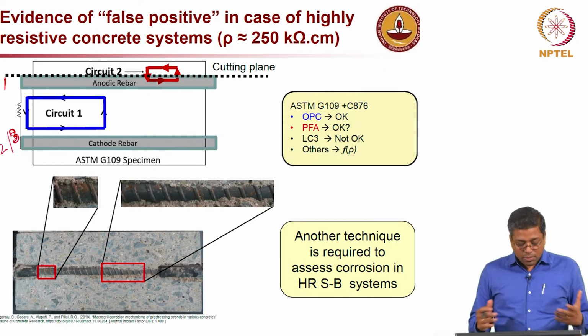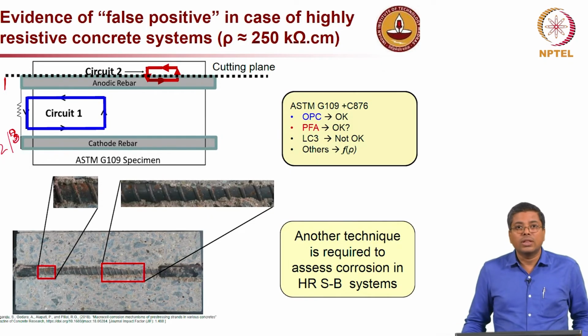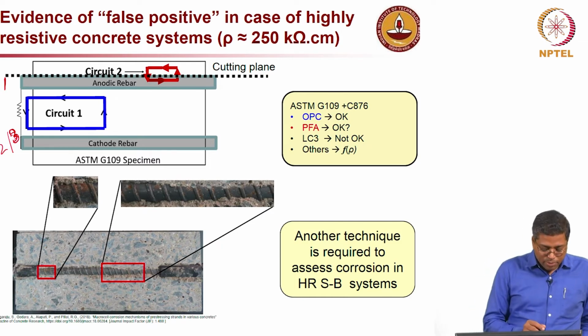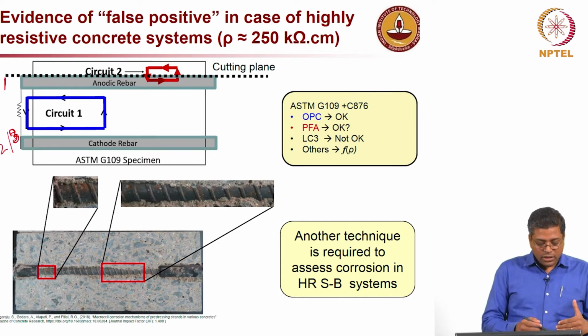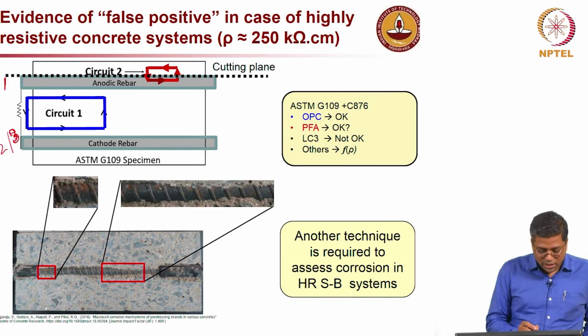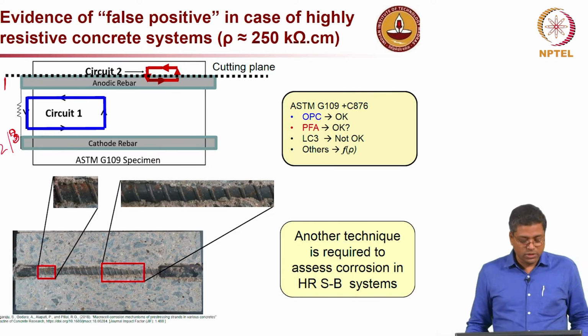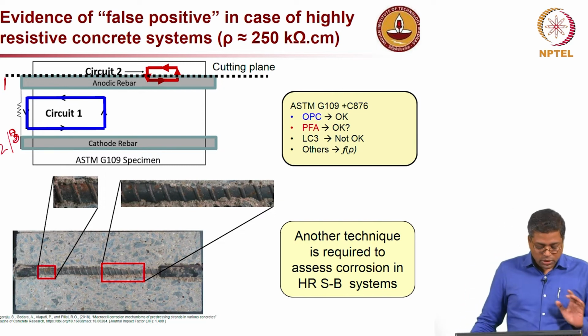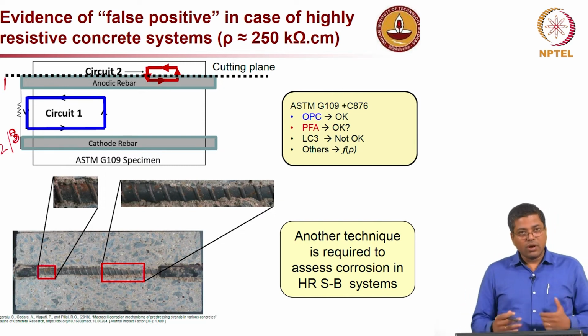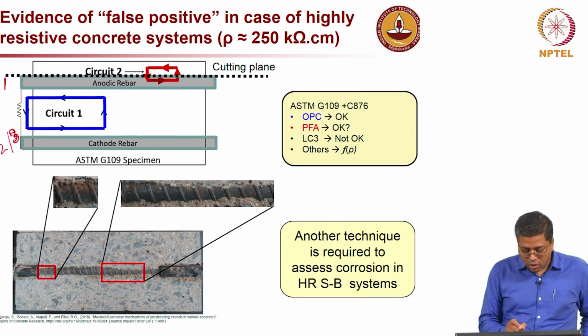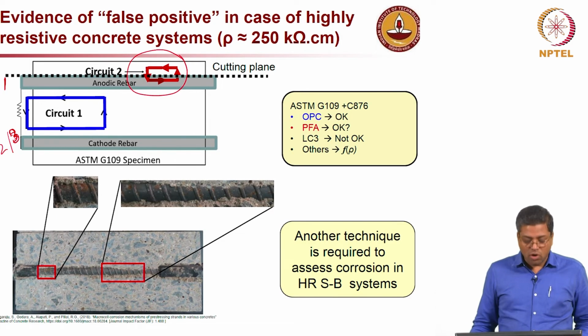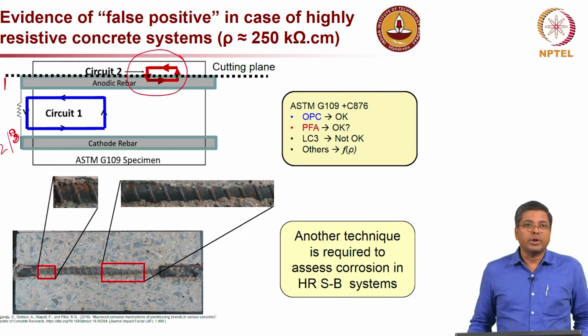But is it okay to conclude that the system is performing well? Maybe not always, because in this particular test we usually measure the current in circuit 1, the blue circuit which you see, but actually corrosion is happening with both anode and cathode formed on the same top rebar, which is circuit 2.